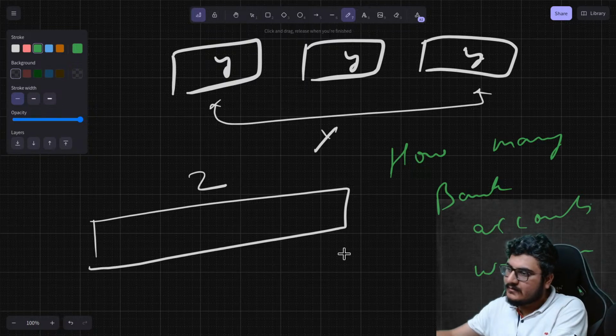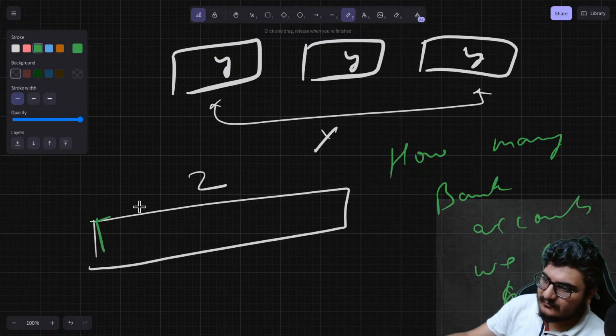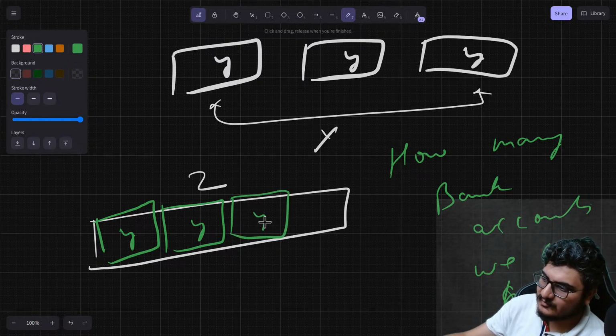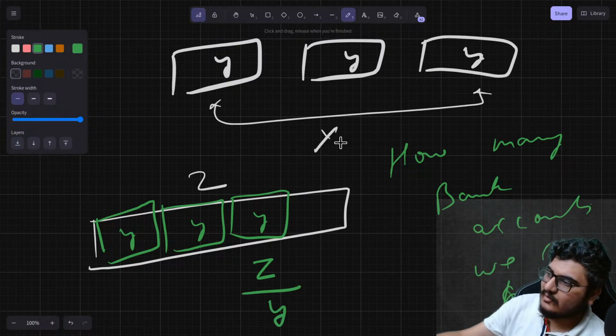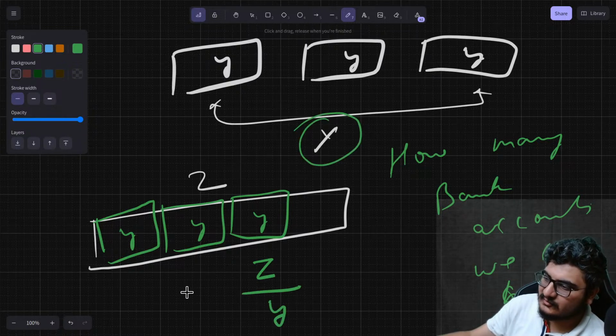The idea would be that we would have one bank account with Y rupees, another bank account with Y rupees, another with Y rupees, and so on. And we can keep a maximum of Z by Y bank accounts. Originally we only have X bank accounts.